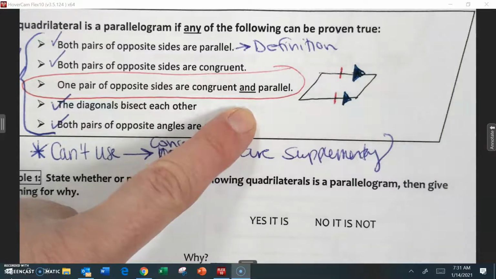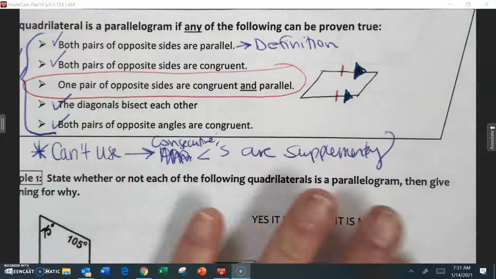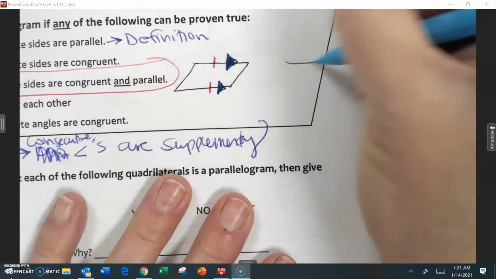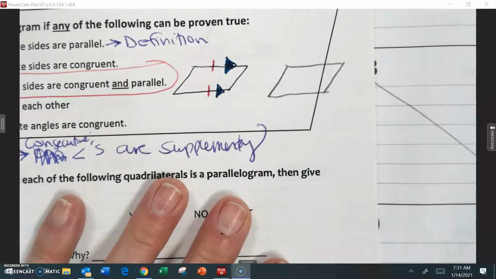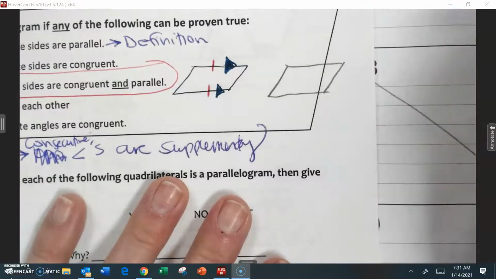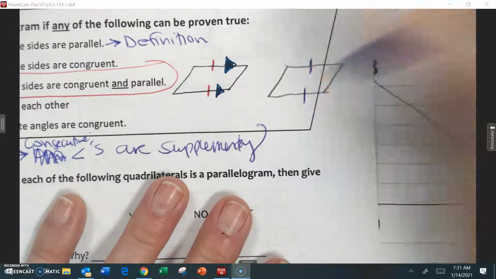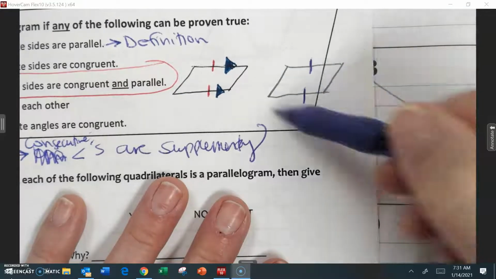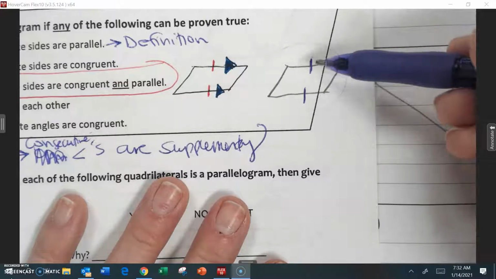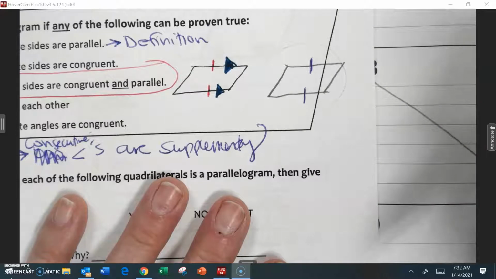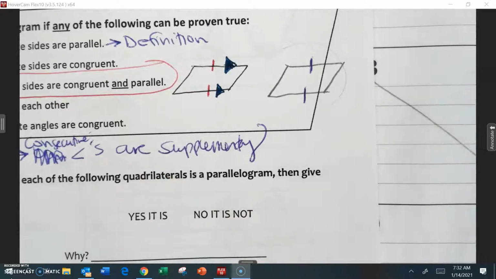So for instance, if you encounter, don't draw this, do not draw this, I'm going to. But let's say you encounter a picture on your assignment today and you see this. You see this thing that looks like a parallelogram. Is this right there enough to tell you it's a parallelogram? No. This only shows that one pair of opposite sides are congruent. That's not in our statement of 5.